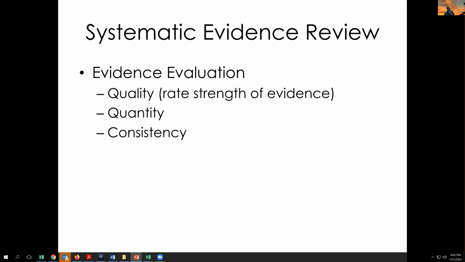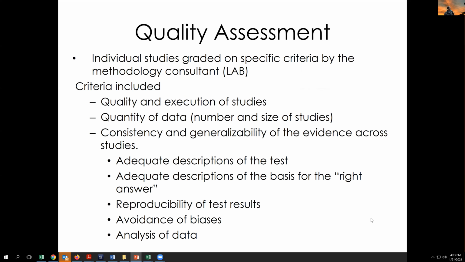Now, this quality assessment was graded according to different criteria. This is contributions from a methodology consultant that looked at the quality and execution of the studies, how many cases, how diverse the study was, and how consistent and generalizable that evidence was. Did it include adequate descriptions?